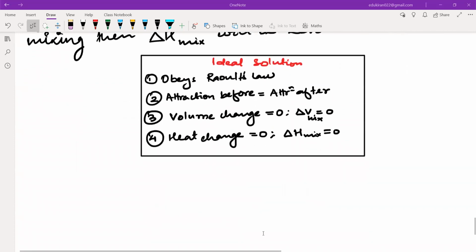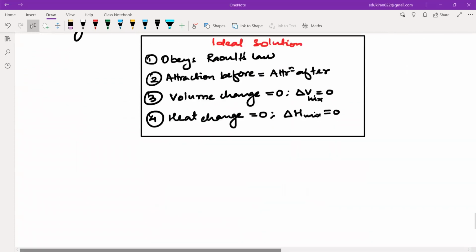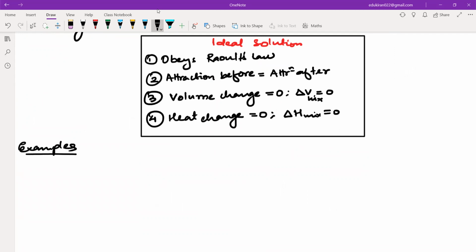अच्छा सॉरी, एक काम कीजिए, साथ साथ इसके एग्जांपल्स भी लिख लीजिए आप. ठीक है? एग्जांपल्स में, for example, benzene and toluene. So both of these have just the difference of one carbon atom. Secondly, for example, hexane and heptane.